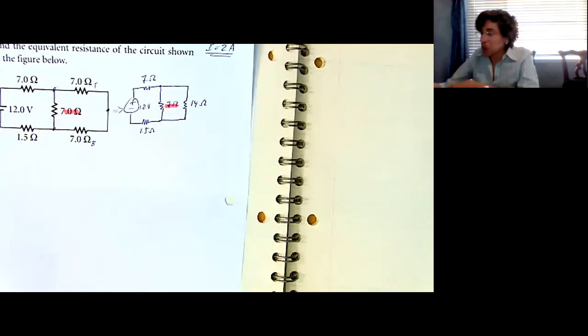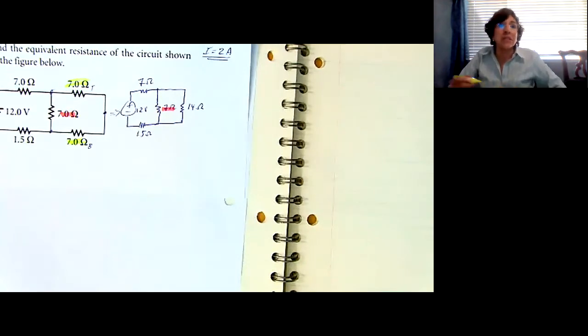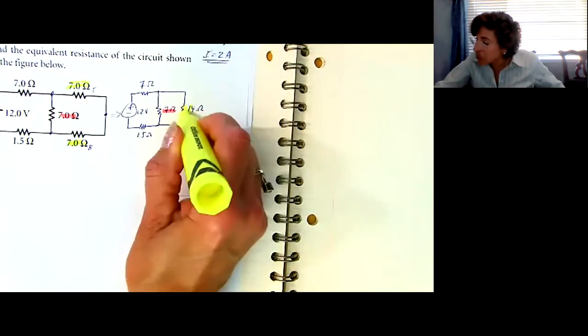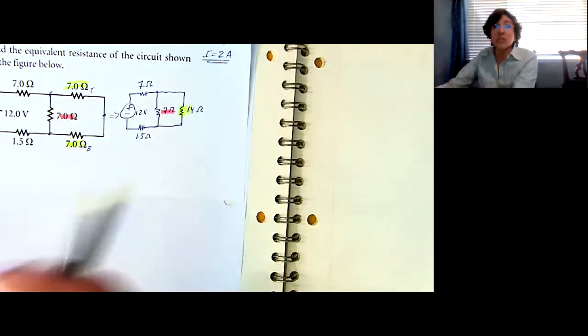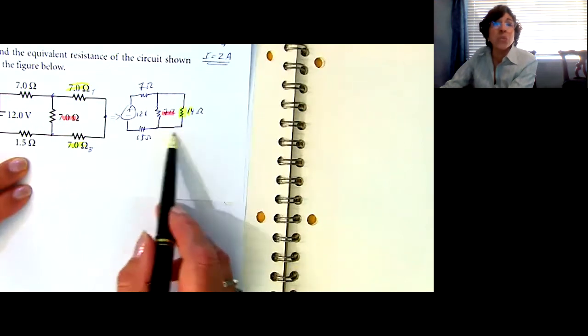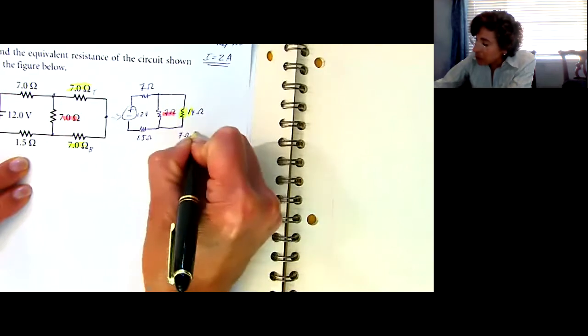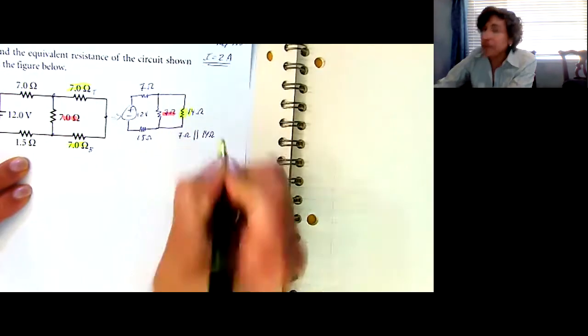Okay, so what did I do here? I took this one, and I realized that they're in series. So that one is this one right here, the 14 ohms. Now that I redrew this, I realized, oh, look, the 7 ohms and the 14 ohms, those 2 are in parallel. So I have 7 ohms in parallel with 14 ohms.